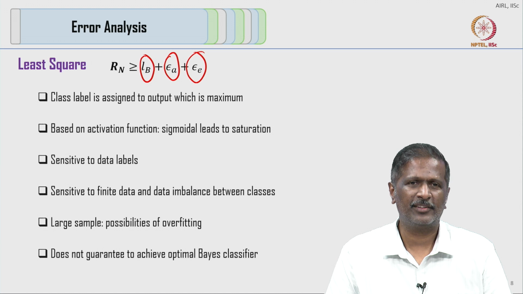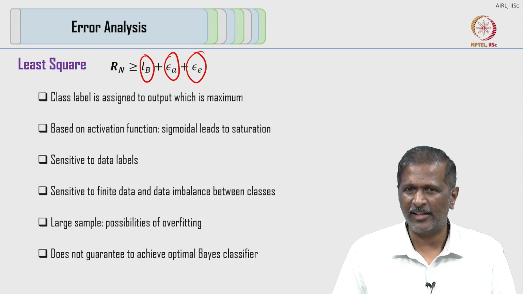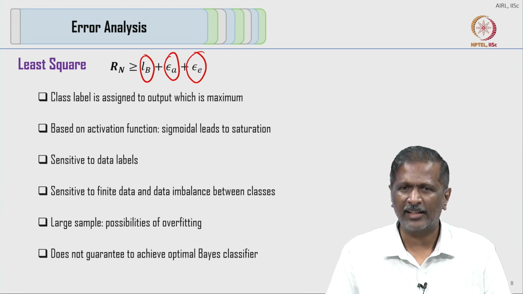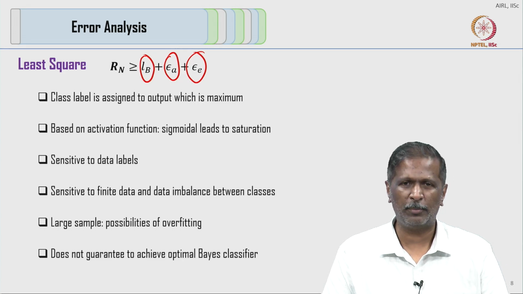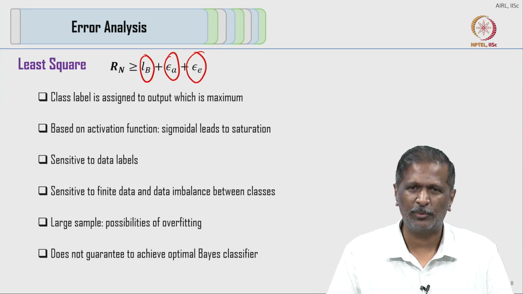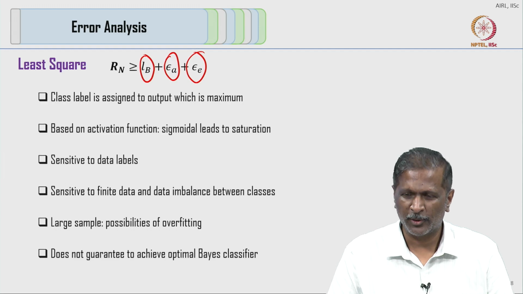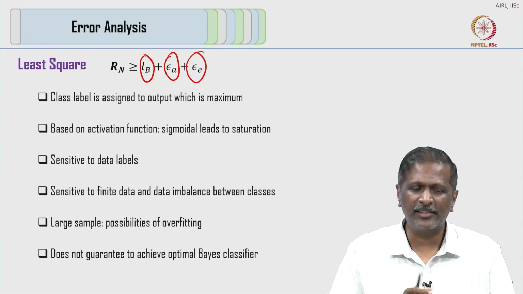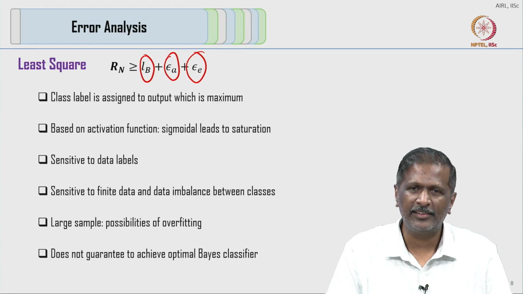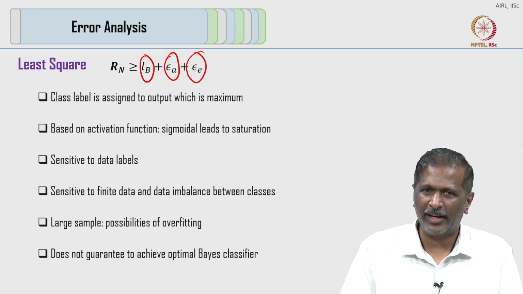A sigmoidal activation function saturates when Wx is high. The outputs are between, say for bipolar sigmoidal, -1 and 1, so towards 1 the Wx gets saturated. So it is very sensitive to noise in the data labels. It is sensitive to data also.